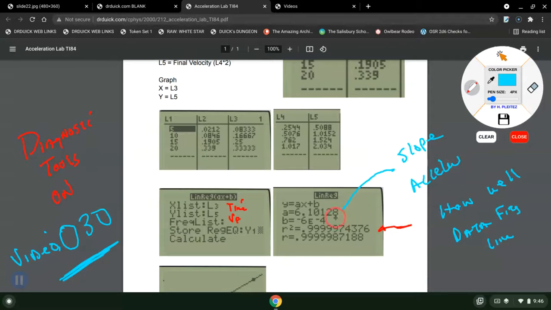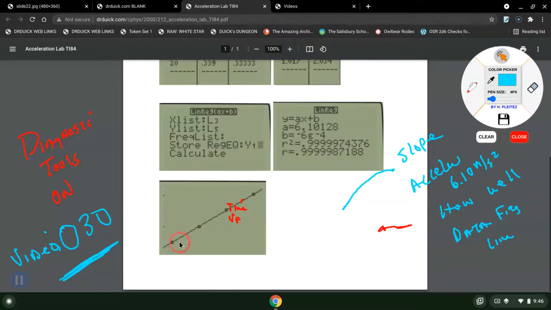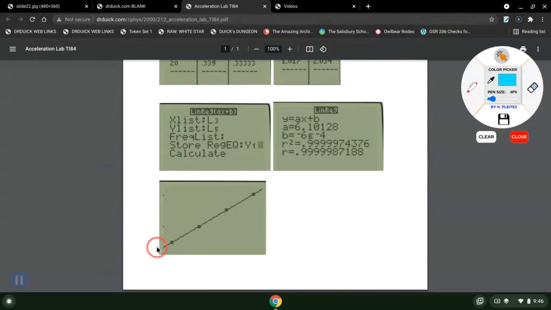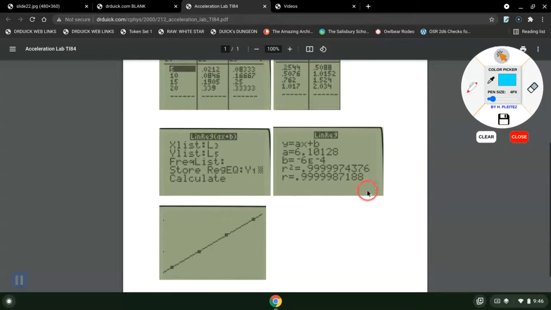Now you can see it's 6.10. So we put down 6.10, right? Meters per second squared. And that's when using the ticker timer. And if everything went as planned, and that's the important thing, you should be able to graph this. And when it graphs it, it'll throw a line straight down like you would expect. It should go through all the dots, and if it doesn't, that means something was a little wackadoodle in there, right? So that kind of explains how to do the 212.